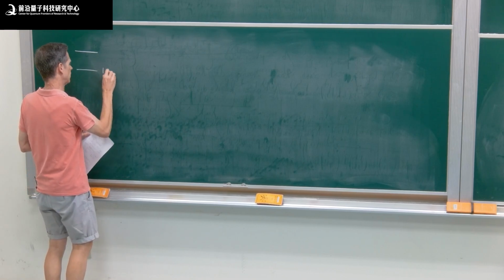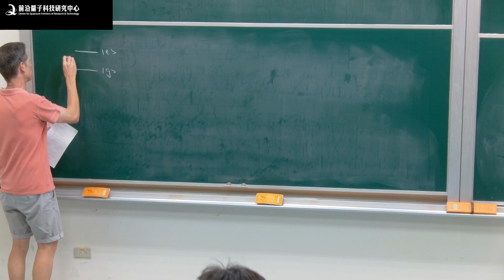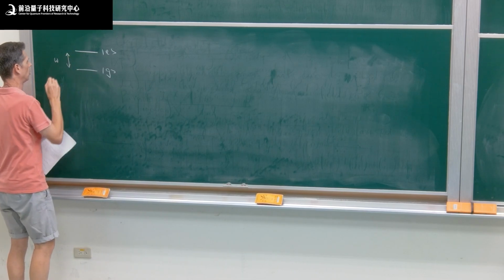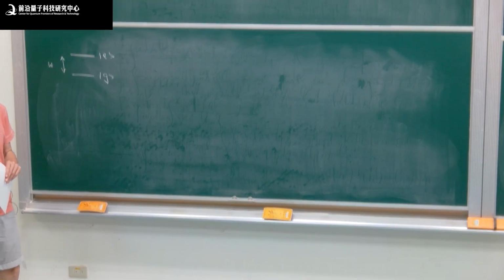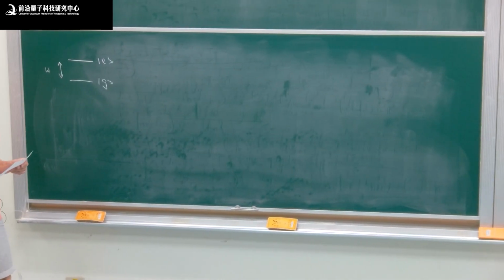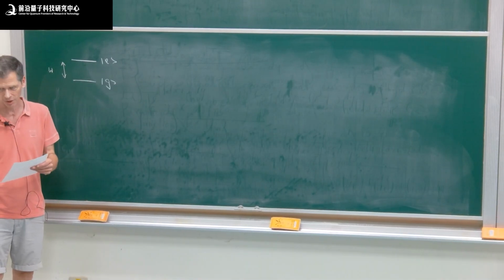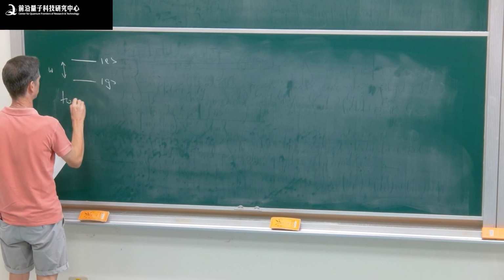So we imagine this 2-level atom which has a ground state and an excited state, with an energy splitting which we call omega. This is of course a frequency, but I will treat frequencies and energies on the same footing by setting h bar equal to 1, or measuring everything in units of h bar. So that's my 2-level atom.